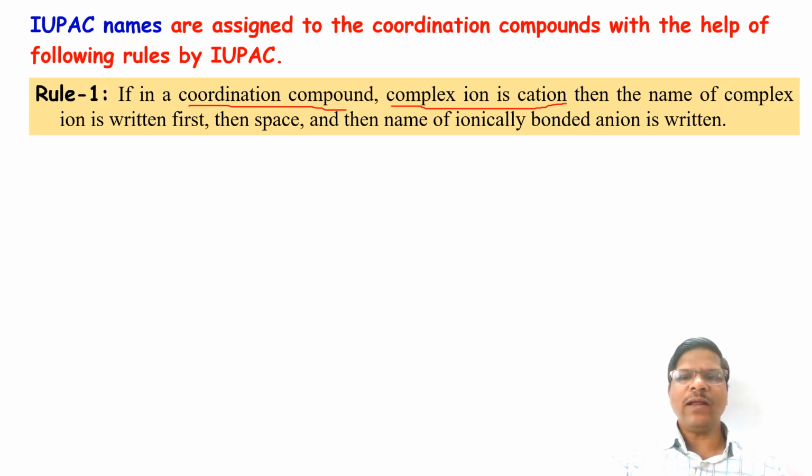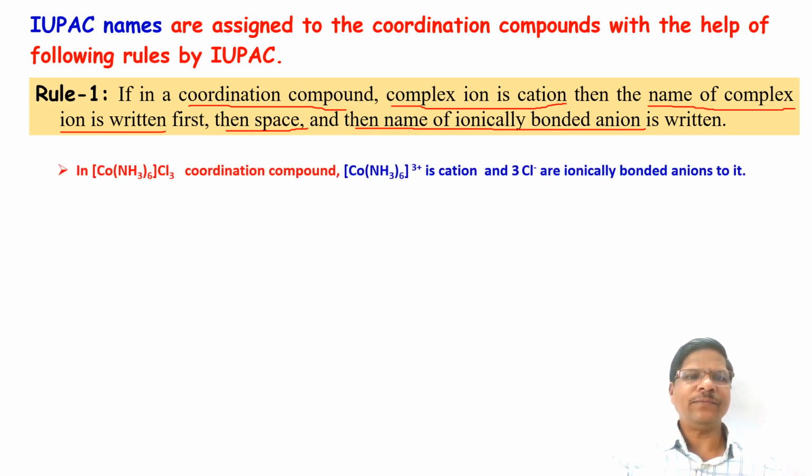If you see in the coordination compound, the complex ion may be cationic in nature or anionic in nature. The first rule is related to the complex ion being cationic in nature. Then we have to write down the name of the complex ion, then a space, then the name of the ionically bonded anion. Okay, so we'll see the example.